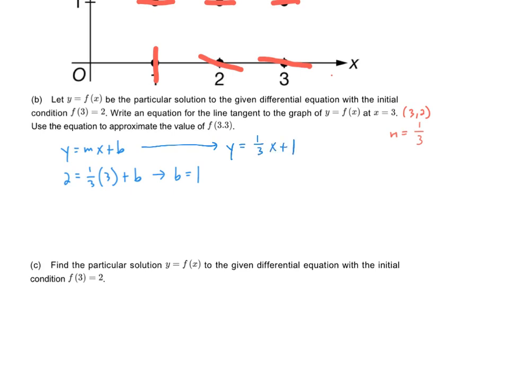Then we'll plug in 3.3 into that, and that'll estimate the function at 3.3.